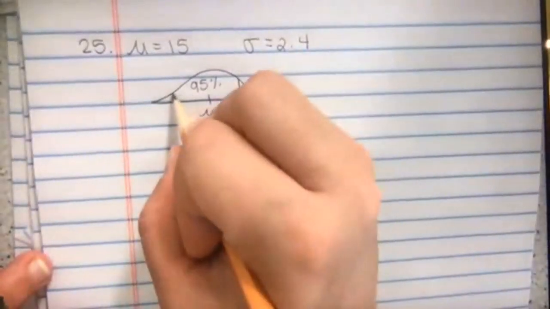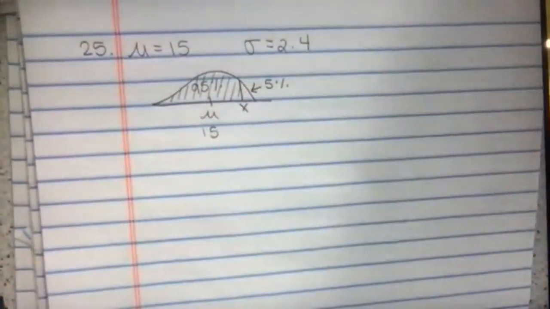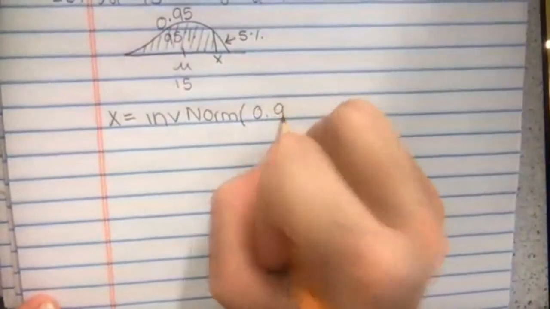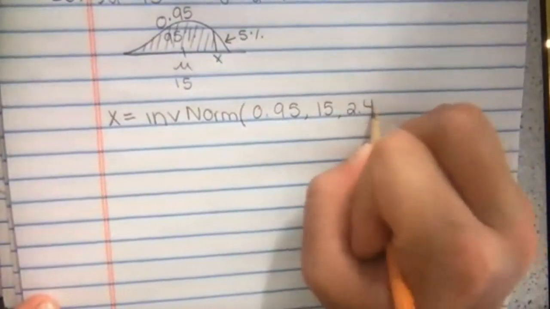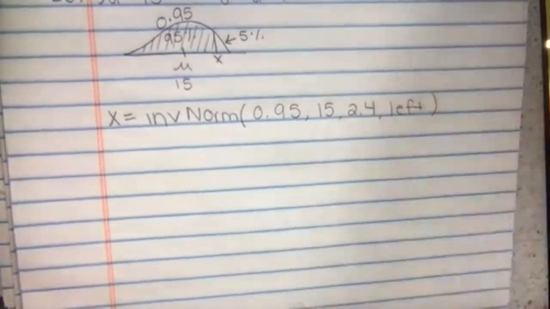So we can do area to the left. If we're looking for X, we know we're going to use inverse norm. If this is 95%, this means this area is 0.95. Our mean is 15, our standard deviation is 2.4, and this is area to the left.